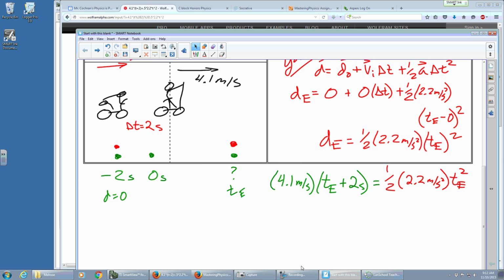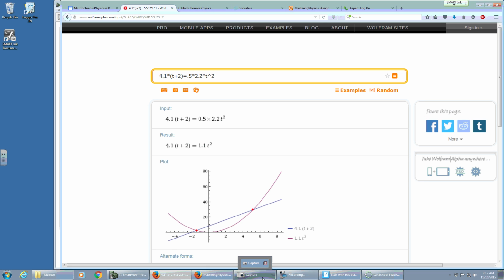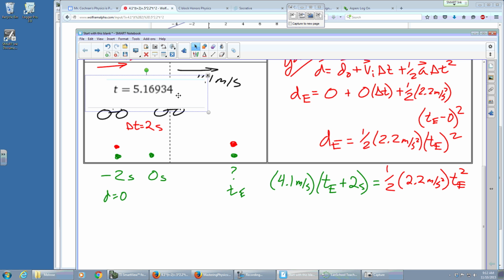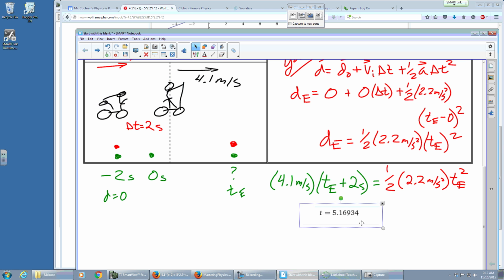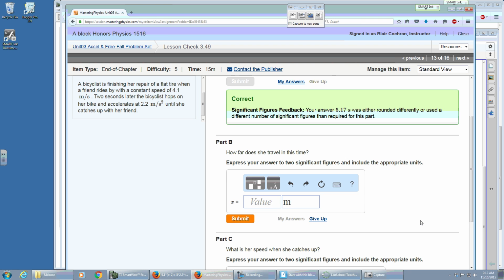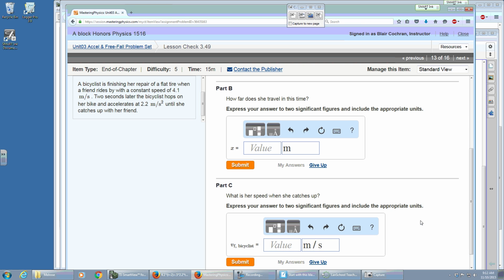So I picked the one that logically made more sense, which was 5 seconds, because the other one isn't moving yet at that first time. That's what I did in my answer. Yep. That was my part A. And then how far did she travel during this time? I can go back and use what I've already done to do part B.